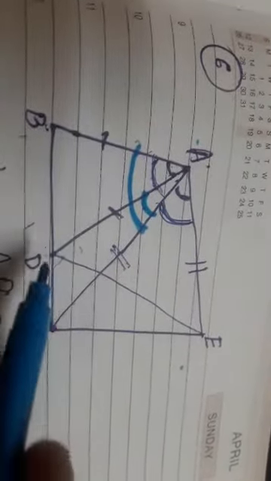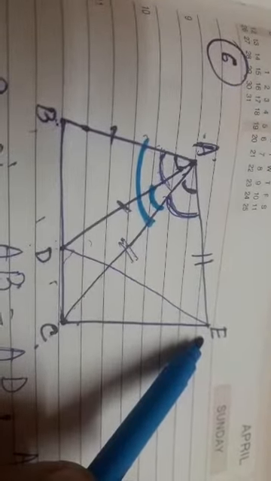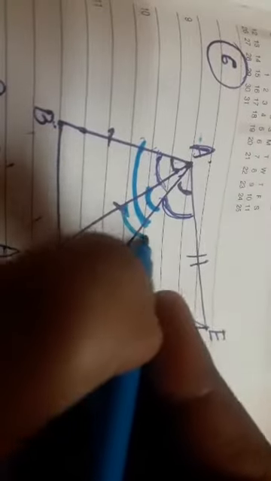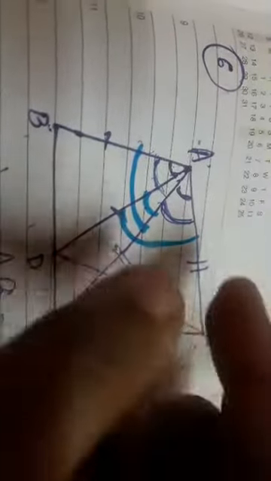BAD plus DAC will be the whole angle A. Now, CAE plus DAC, this whole thing, is also angle A. For this triangle, this is angle A, and for this triangle also, this is angle A.